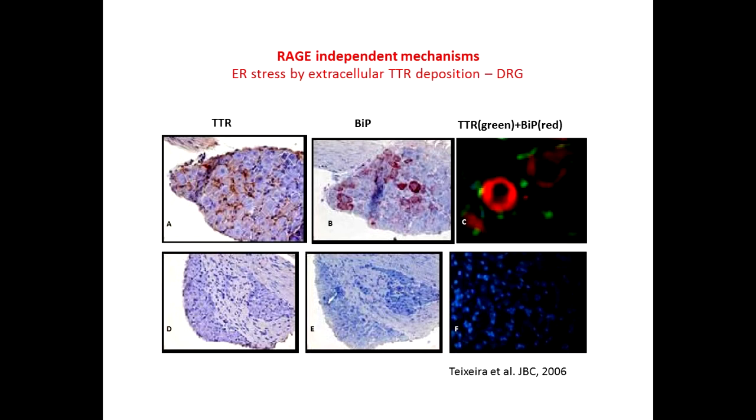And if you stain by confocal microscopy, you have in green the TTR oligomers, and in red you see that BIP is activated inside of neuron. And we have seen this activation of BIP not only in animals, but also in humans. We studied at that time salivary glands, and in salivary glands you see very well that BIP is activated.